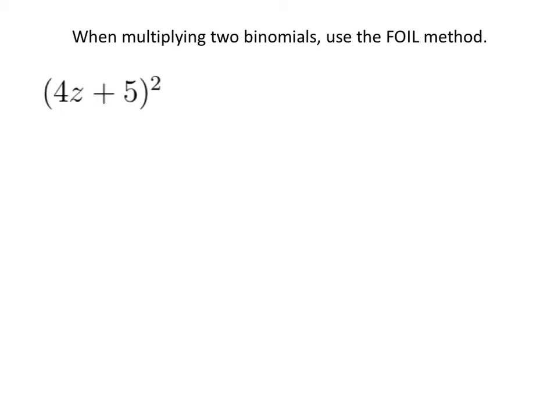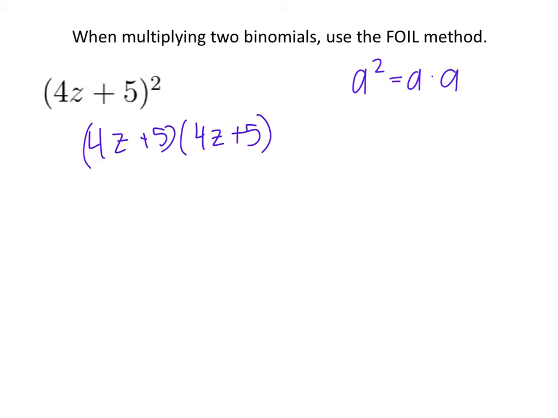So anything multiplied by itself, like if we have a squared, that just means a times a. So 4z plus 5 squared really just means 4z plus 5 times 4z plus 5. From there, you just FOIL. So you have 4z times 4z.